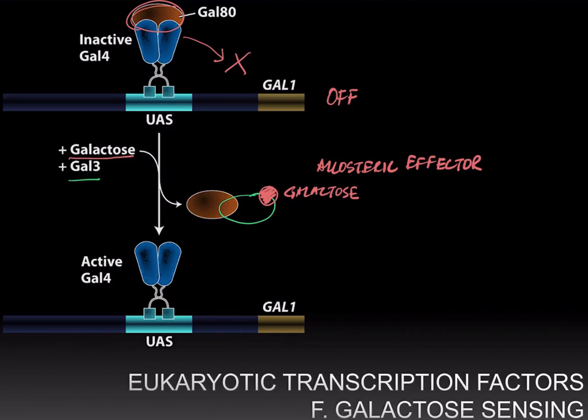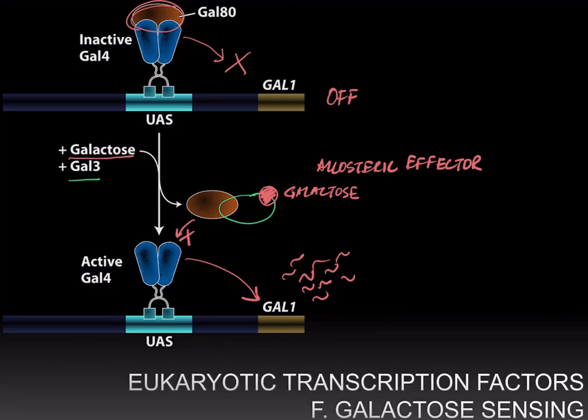And what that causes is that GAL80 is now unable to bind the GAL4 activation domain, which means that GAL4 activation domain can recruit RNA polymerase, resulting in transcription of the target gene GAL1 over here.